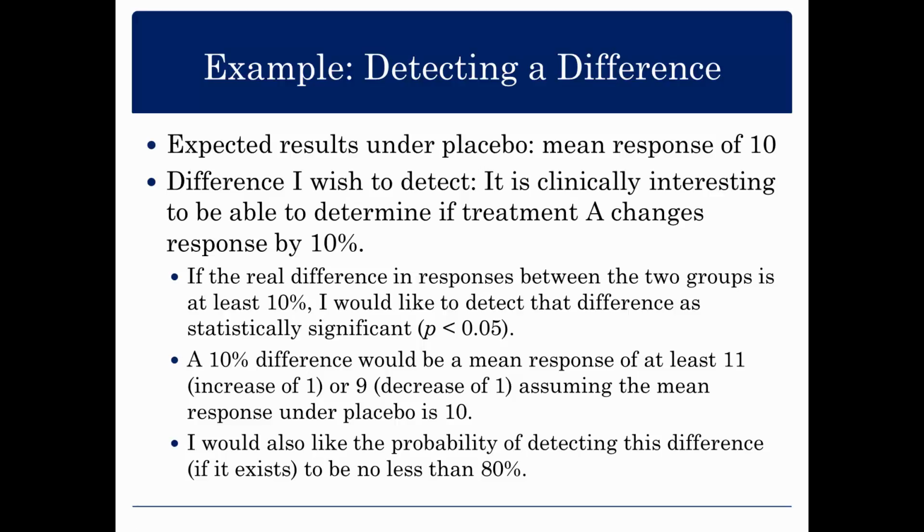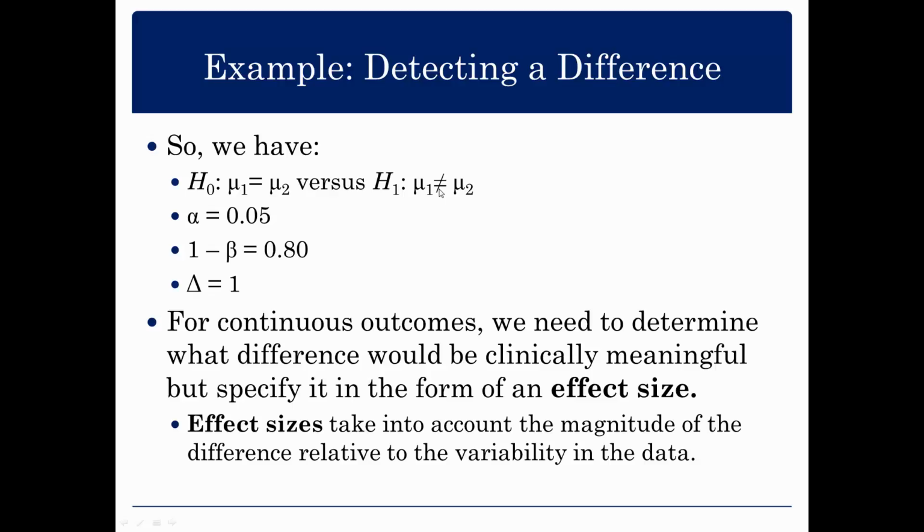If I had an idea beforehand that it should result in an increase, or if that's the only shift that's meaningful to me, I would do a one-sided test. But in this case, I'm interested in shifts in either direction, so I'm doing a 2-sided test, which is indicated by the equal to and the non-equal to.